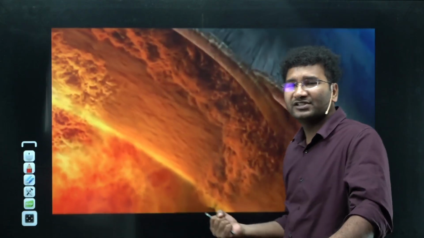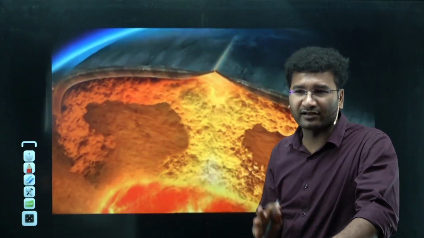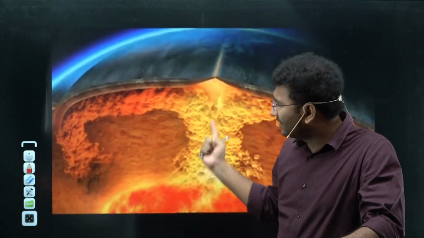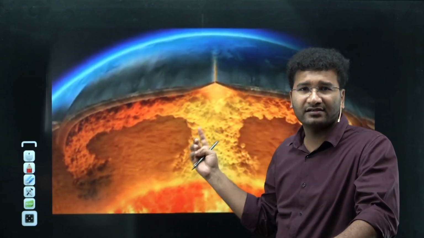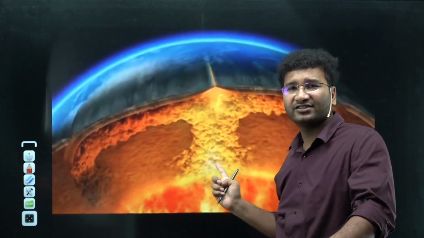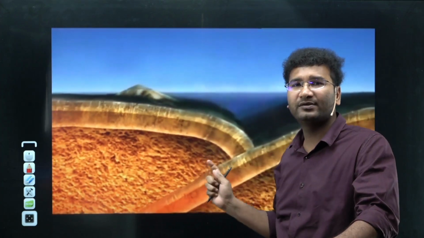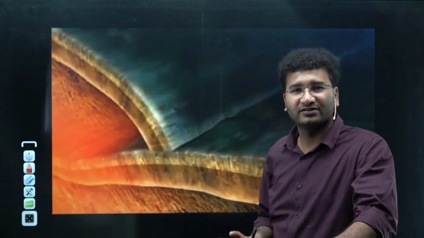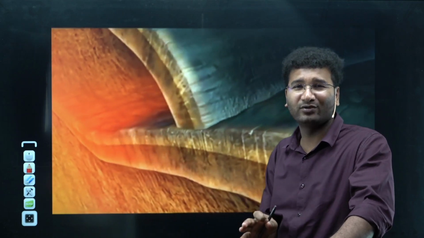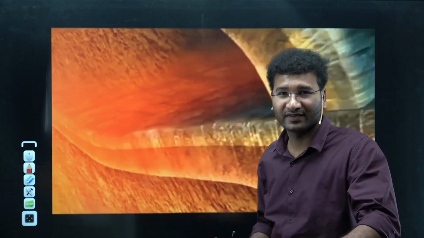Your chemical composition is different from the mechanical composition. The interior of the earth rises, spreads out in either direction, and then makes certain kinds of landforms on the surface of the earth. So we'll try to understand how this is done, right? I'll give you a very lucid and detailed explanation, and if you have any doubts, you can also get in touch with me, right?